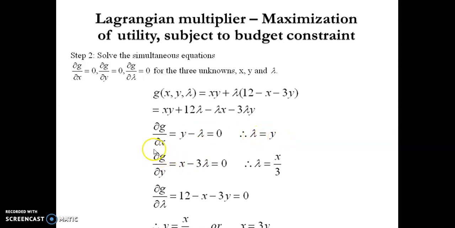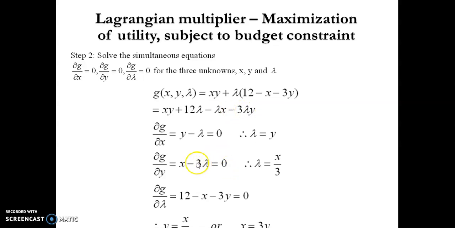Now you can get your next first order partial derivative of this function with respect to y, treating x and lambda as constant. If you differentiate that, you're just going to be left with x. There's no y over there, no y over there. So here I'm just left with minus 3 lambda, and set that equal to 0.